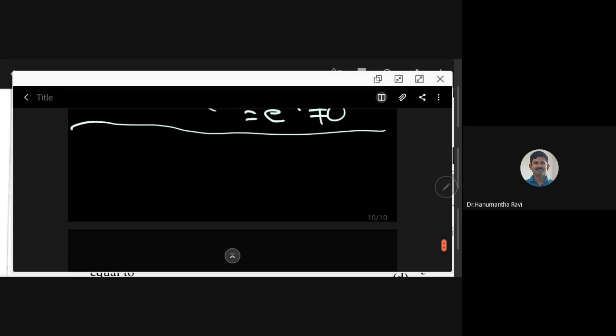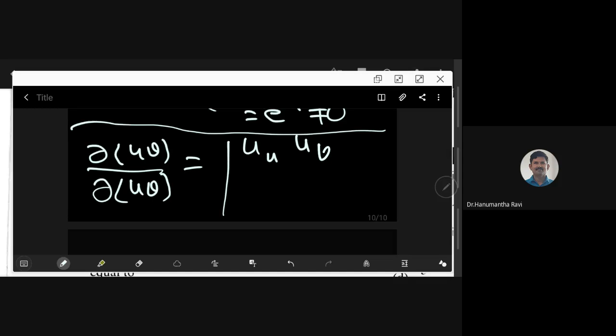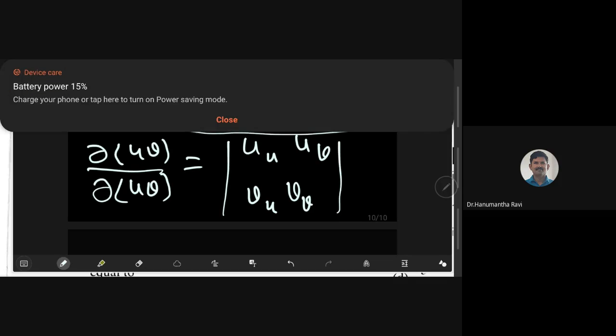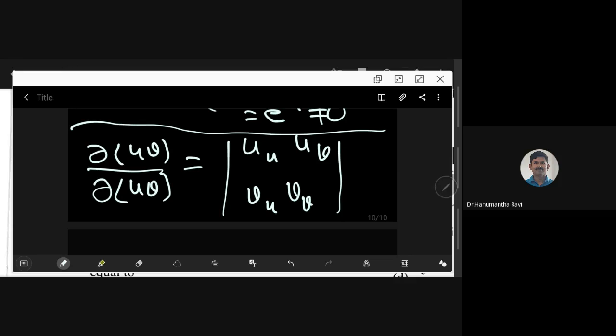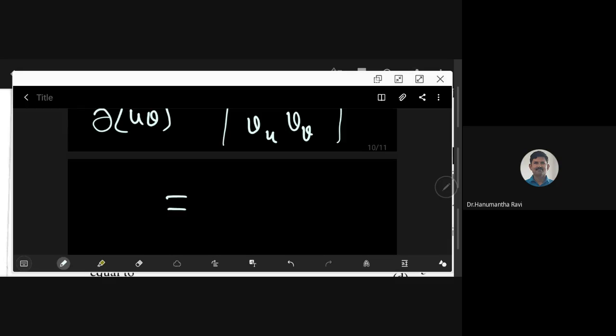Now he is asking for dou uv by dou uv. So how do you apply the formula? Here, u_u is 1. u_v is 0 because if u is u, v is v, that is the meaning there.